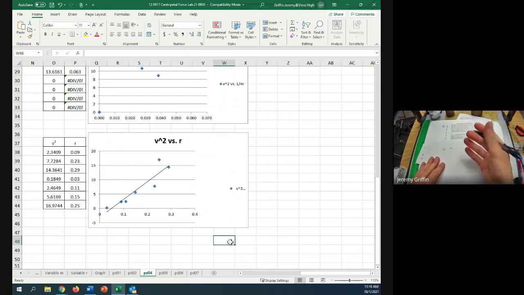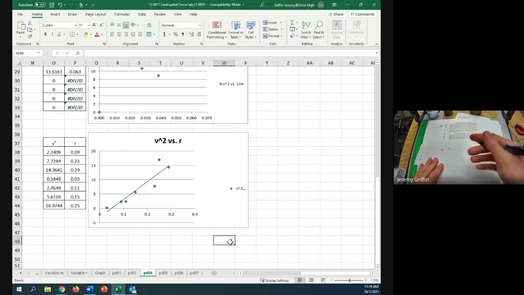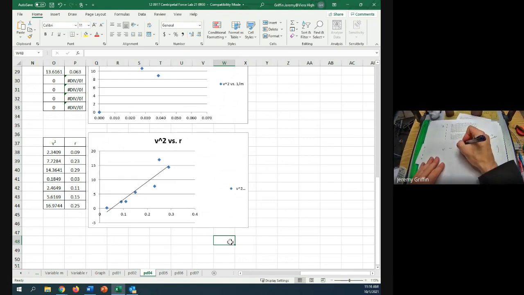Now remember that weight hanging is providing the tension, which is providing the centripetal force that's holding everything in a circle. So the weight hanging, I'm actually going to call centripetal force, F sub c. So F sub c represents centripetal force. The second graph says that, whoops, I didn't mean v, I meant v squared.